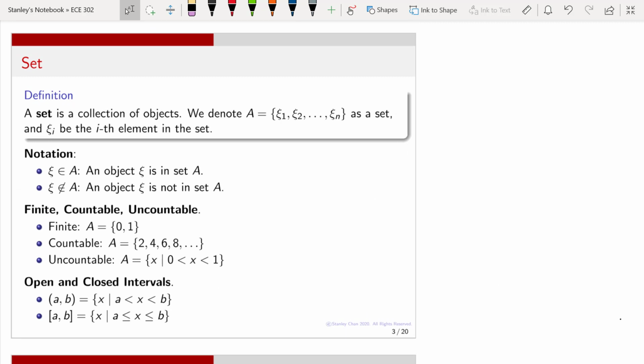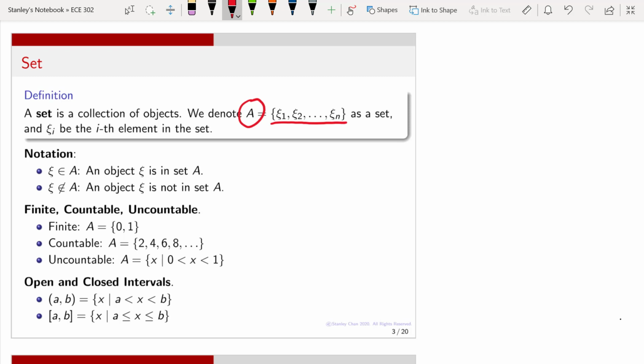What is a set? A set is really a collection of objects. We denote A as a set that contains many different elements. So you can see that in this notation, this set A will contain elements psi 1 through psi n. And each psi i is an element inside this set.